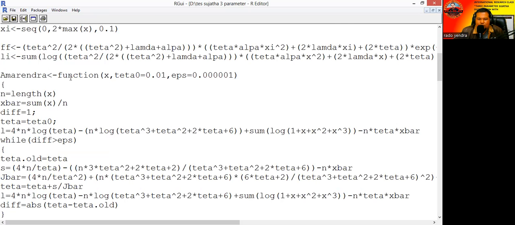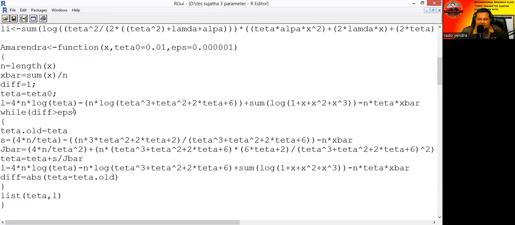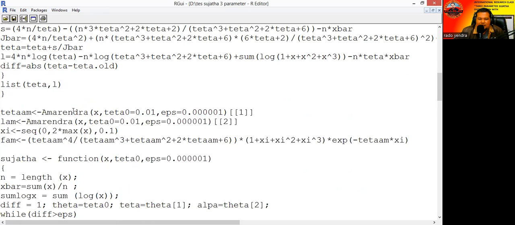Okay, this is all for the Amarendra programs. And then we give the theta Amarendra, log likelihood Amarendra, and xe. You must remember xe, this produces the smooth graph for the density of Amarendra.